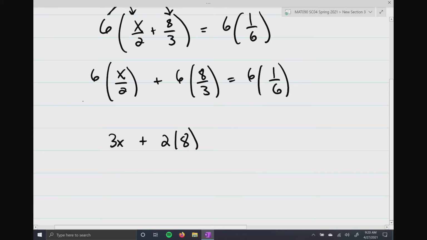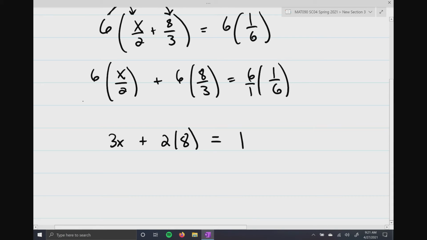Just write 2 times 8. Put my equal sign. Now the last fraction. Well, that's going to be 6 over 1 times 1/6, or 6 over 6, which is really what? 1. Good.